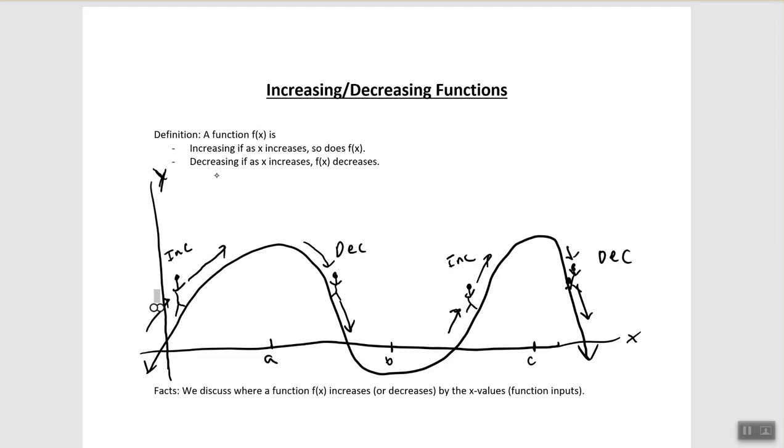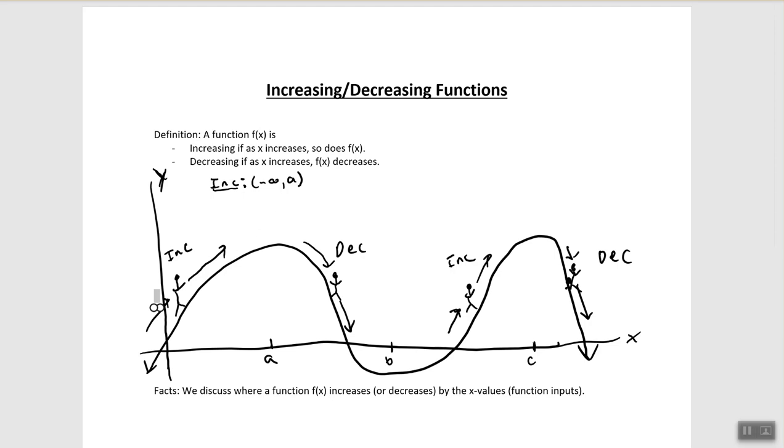Now, if I want to talk about where my function is increasing, I need to describe this to somebody. I can do that using my interval notation or my inequality notation. In interval notation, I'm going to say I'm walking uphill from negative infinity, because as far to the left as we can go, I would be walking uphill when I start walking, up until that spot at A, and I'm putting a soft bracket because I'm not including that value of A there.